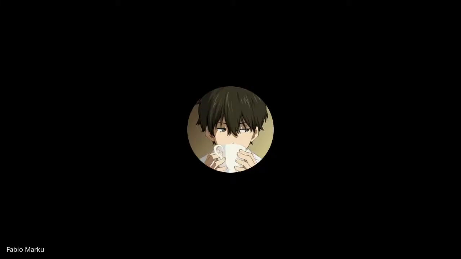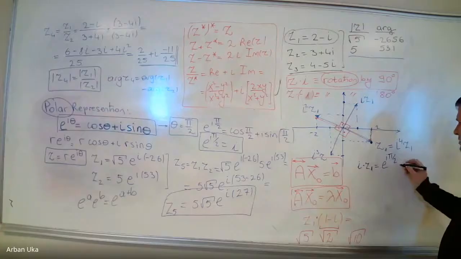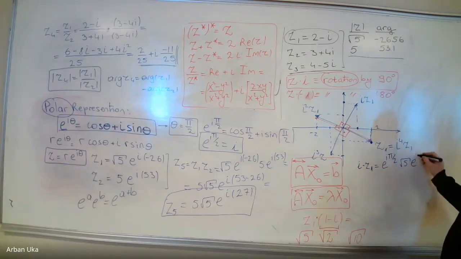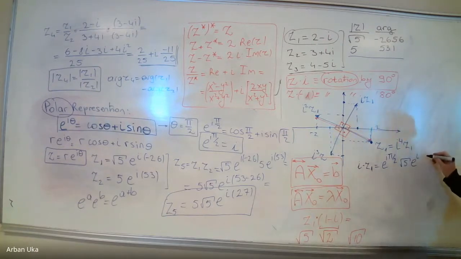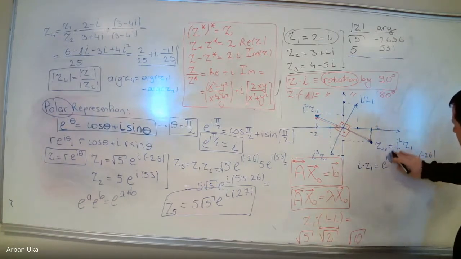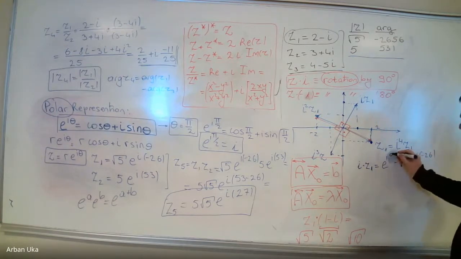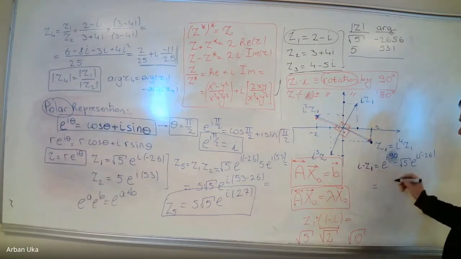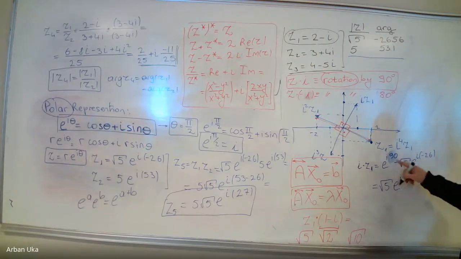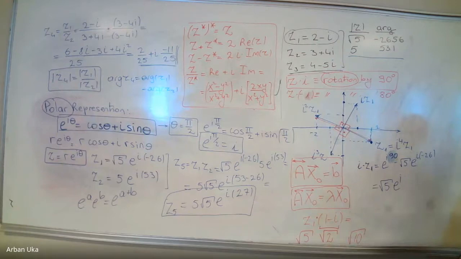Pi over 2, that's alpha. Z1 is square root of 5 times e to the power I times 50 minus 26. Let me write this 90, it's better. So the multiplication of these two numbers gives square root of 5 times e to the power I, 90 minus 26, we should get 64.